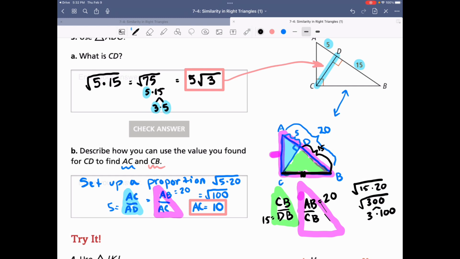And 100 is 10 times 10. I wrote that horribly, but the square root of 100 is 10. So a 10 can come out of the radical, leaving the 3 inside the radical. And that is what our CB would equal.